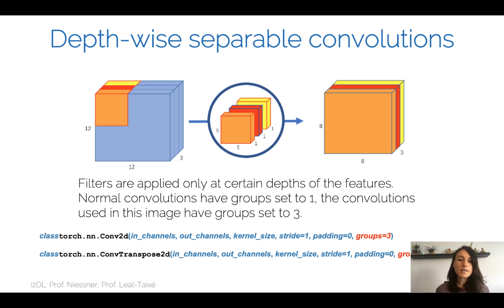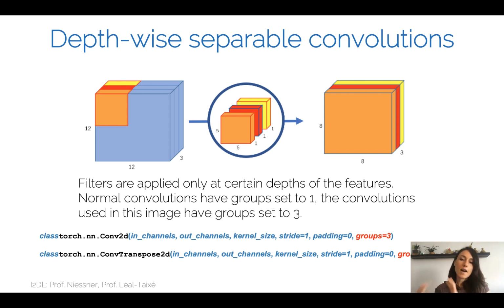And here you can see how you can actually code this in PyTorch. Normal convolutions have this value called groups set to 1, which means they're acting on all the depth of the input, while the depth-wise separable convolutions that I used in this particular example have groups set to 3.